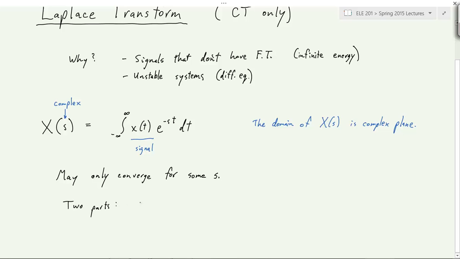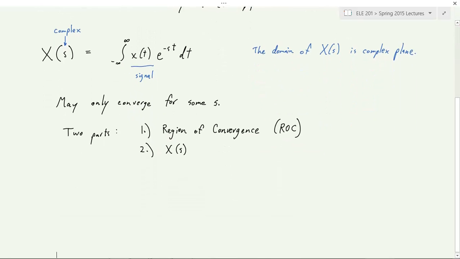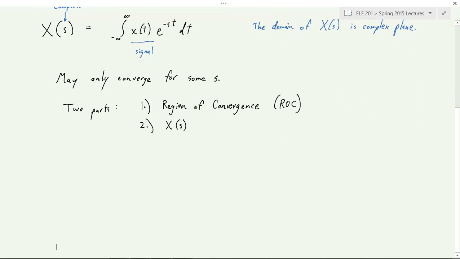The first part is the region of convergence, and we abbreviate that ROC. And then the second part is the value of the function X of s. So to fully specify a Laplace transform, you don't just say you have a formula for capital X of s. That's not enough. The region of convergence is another part that's needed to specify what the Laplace transform is.